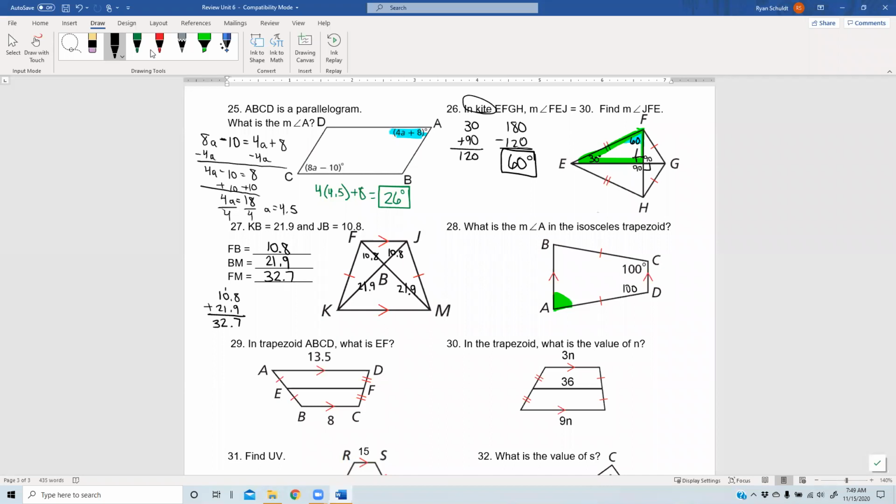And on an isosceles trapezoid, consecutive angles have to add up to 180. So all I have to do is 180 minus 100 to get 80 degrees. There's my answer.